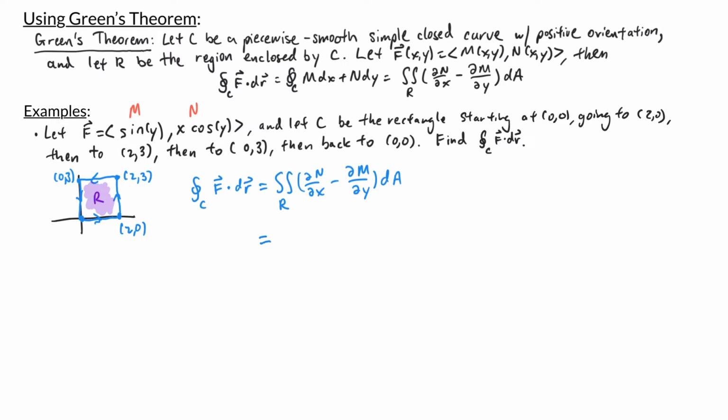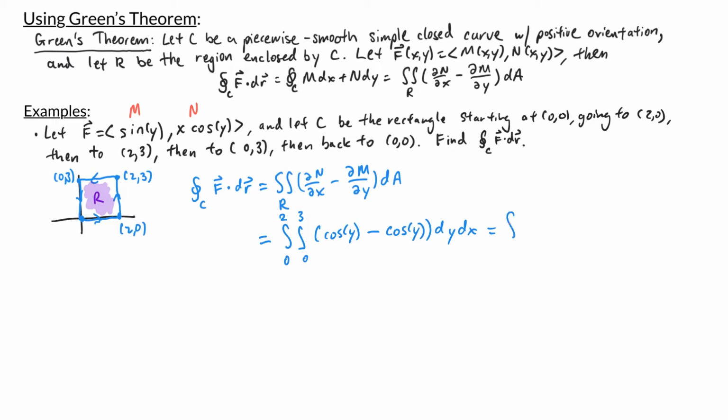For our double integral, let's integrate in the order dy dx. So my first limit of integration would be from 0 to 3, and then my second limit of integration would be from 0 to 2. Now, the partial derivative of n with respect to x would be cosine of y, and I subtract the partial derivative of m with respect to y. That's going to be cosine of y again, dy dx.